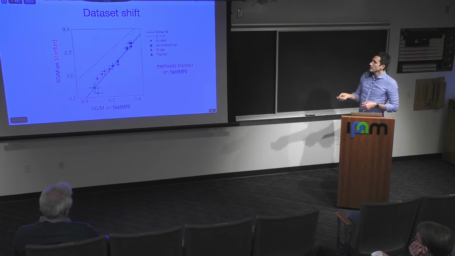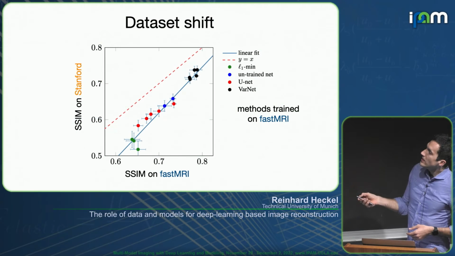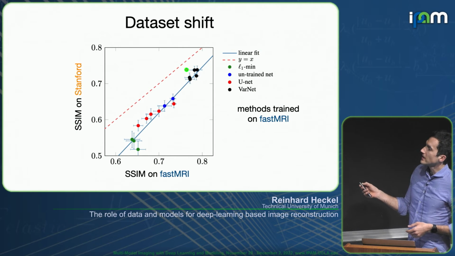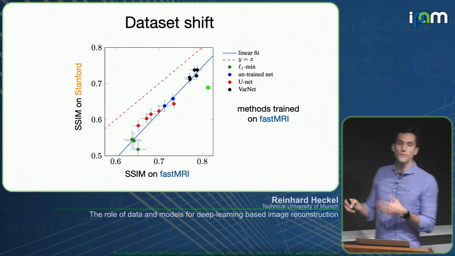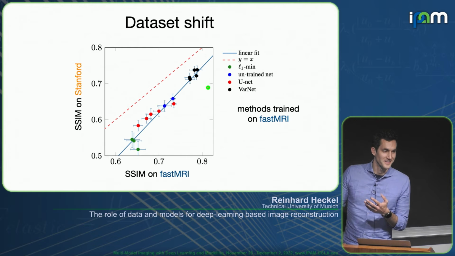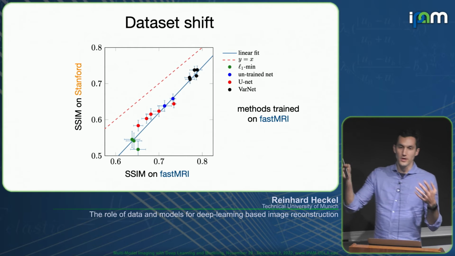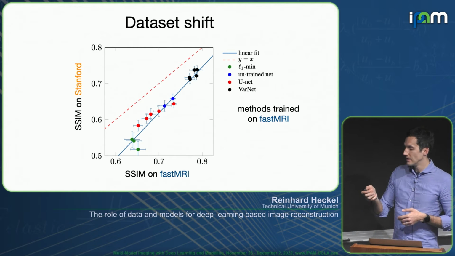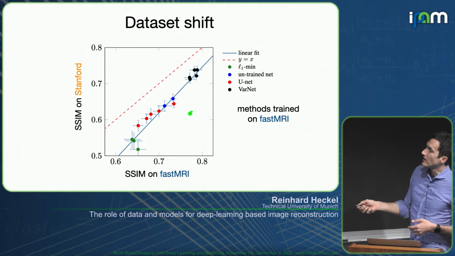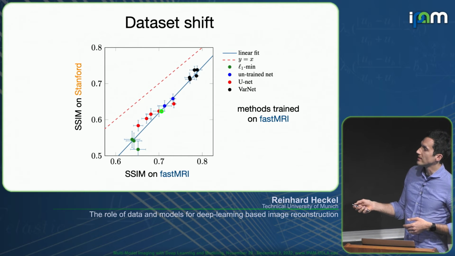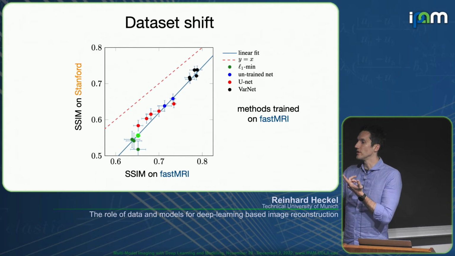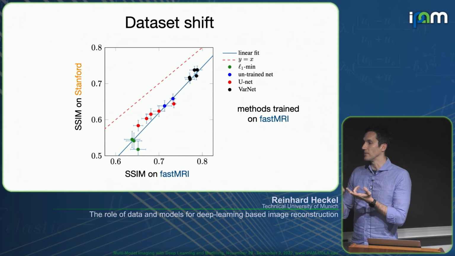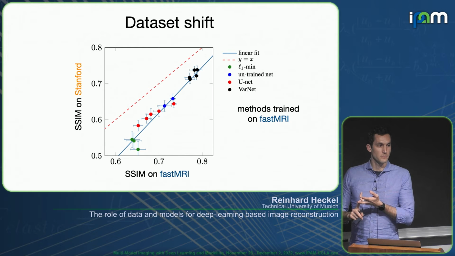Okay, so here's what actually happens. Here is the data set shift, and each point is one method. For the variational network, there are just different variations of the variational network, so there are larger ones, smaller ones, things like that, right? And same for UNet, there are large UNets, small UNets, and so on. And even for L1 minimization, there's total variation minimization, there's wavelets as a sparsifying basis, and there's DCT as a sparsifying basis.